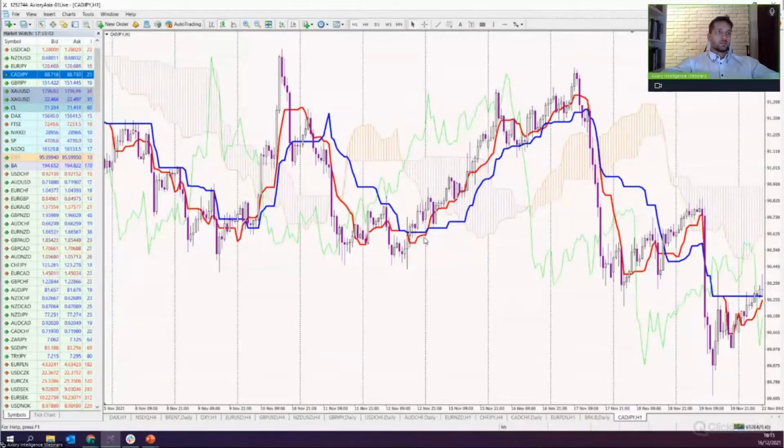When it crosses Kijun-sen from the bottom, that's a buy signal. Let's see. You sell here, yes, because here is the crossing, and we are here. You buy here, profit. You buy here, you sell here, profit.